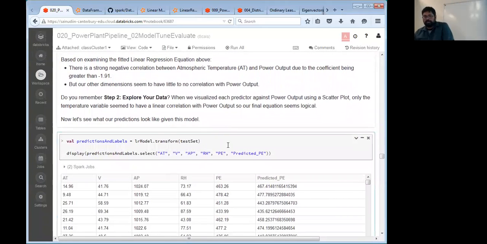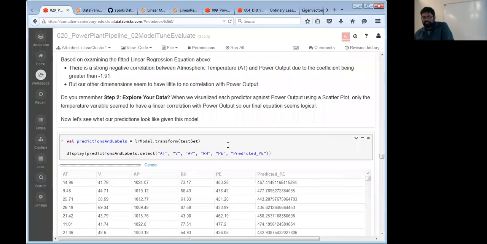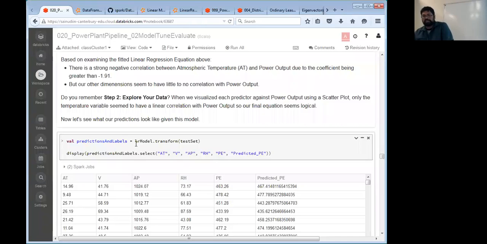Okay, so now we're going to just look at predictions and labels. So what we can do is use this transformer. We can take LR model and transform it with the test set. So that means we can take the test set, plug it into the model, and get all the predictions in one go. So that's what is being done here. So we have our predictions.